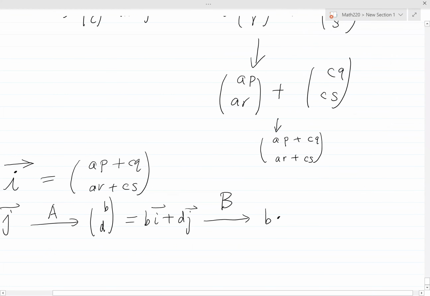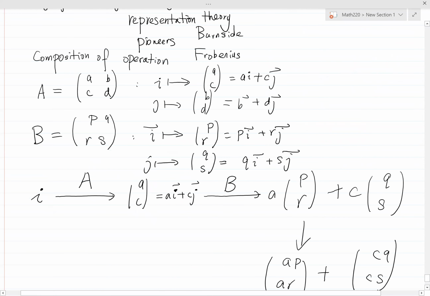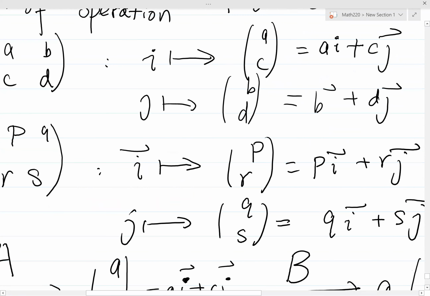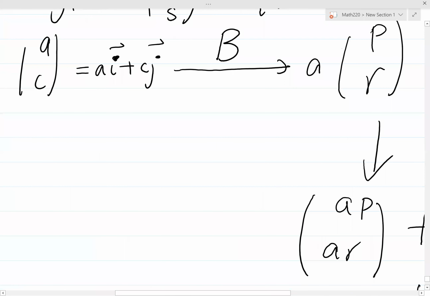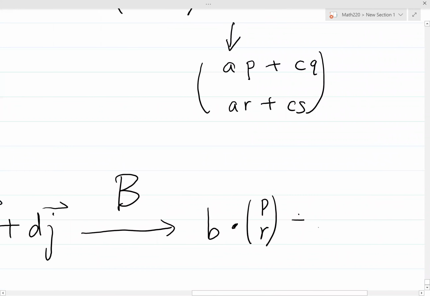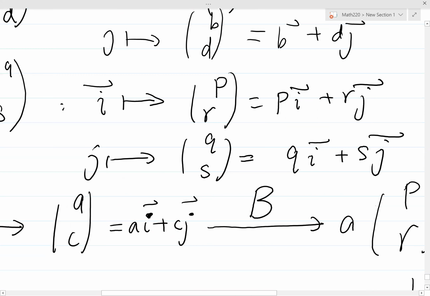You see, the image of I under the operation of B is, okay, so here this is B. I is mapped to PR. Now DG: D is G. What's the image of G? You see G goes to QS.